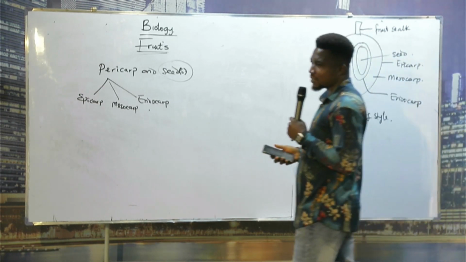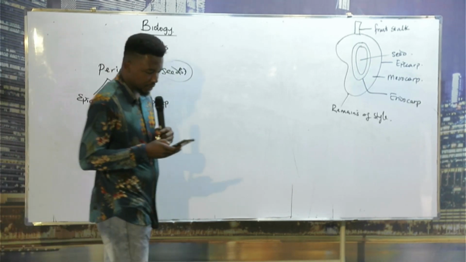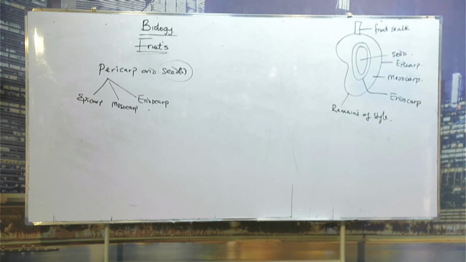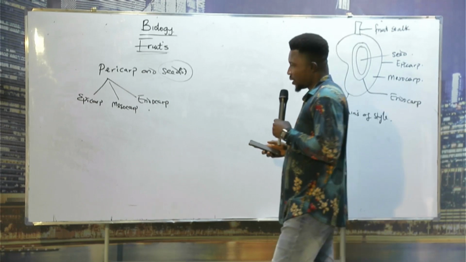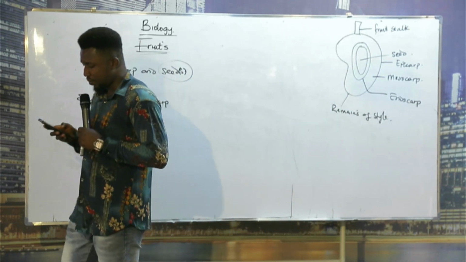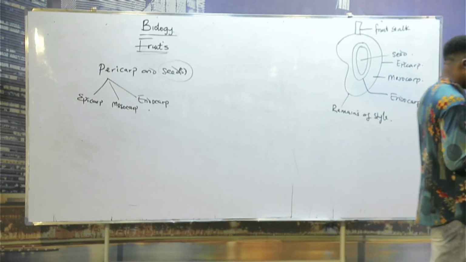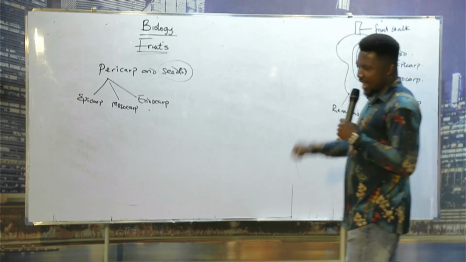The pericarp has 3 layers, namely: A, epicarp; B, mesocarp; C, endocarp.